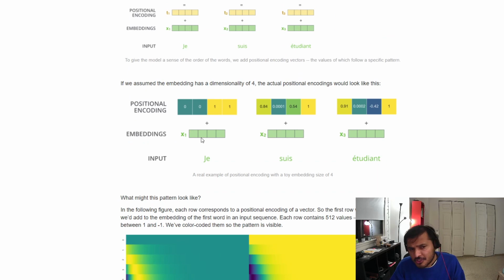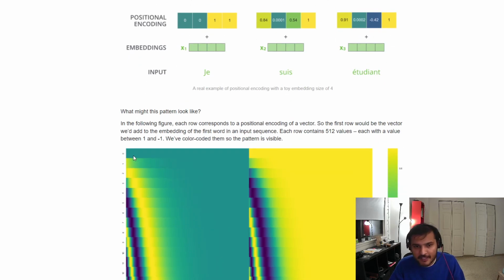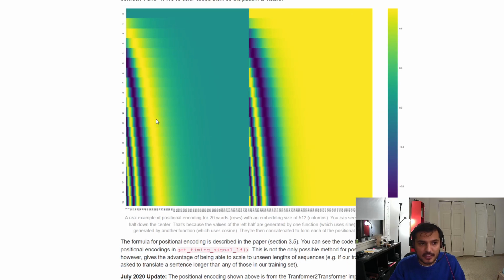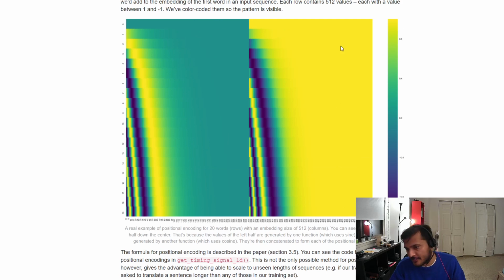And the way these numbers are generated is by using sine and cosine waves. So in this example, this is a matrix. First of all, it's just colored. So this is a positional embedding of 20 words. So these are my rows. So these are the positions in the rows, and each color indicates what the value is. I don't like these representations. It's like this because it's a sine and cosine wave, but these are some numbers associated, and this is the embedding size, so 512.